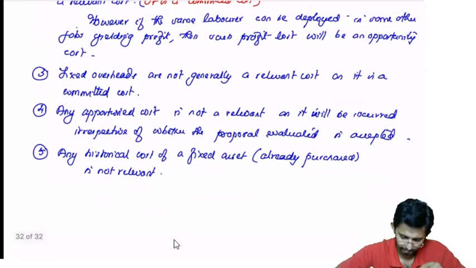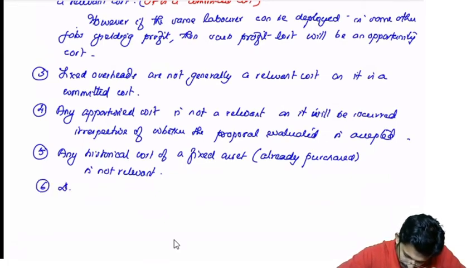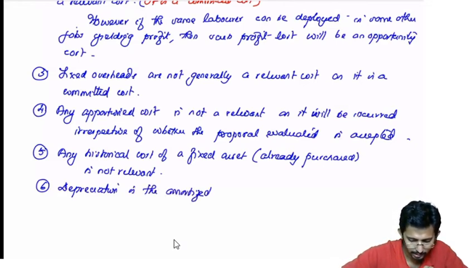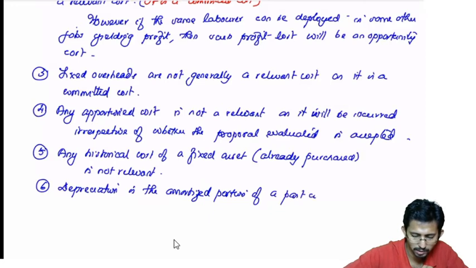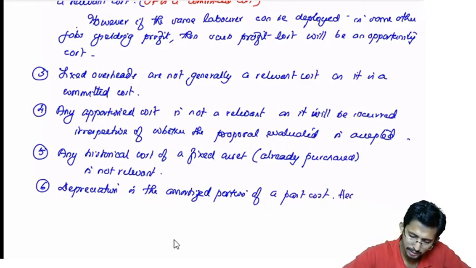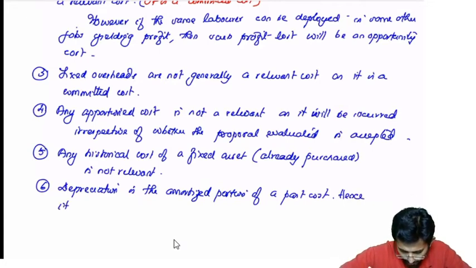Okay, past cost. Now 6. What about depreciation? Depreciation is the amortized portion of a past cost. It is an amortized portion of a past cost. Hence, it is not relevant.